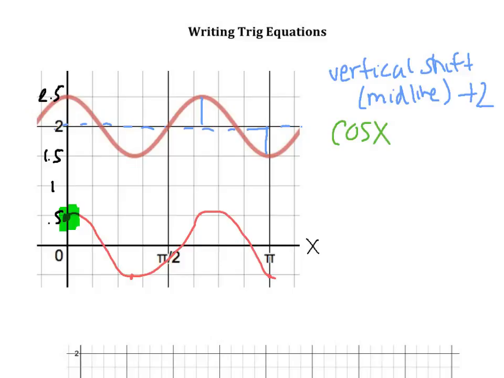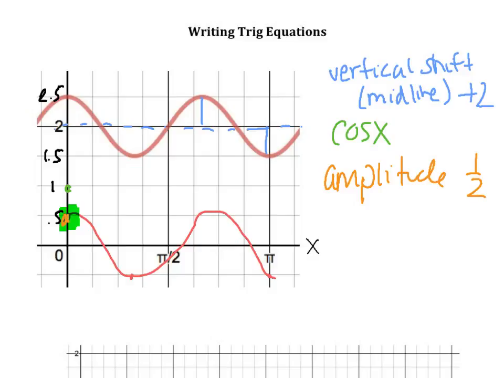Now, because it's cosine x, I remember that I'm supposed to be at a 1 where cosine is. So instead of 1, I'm at 0.5, which means I cut that in half. So my amplitude is going to be 1/2, because instead of at 1, I'm at 0.5.